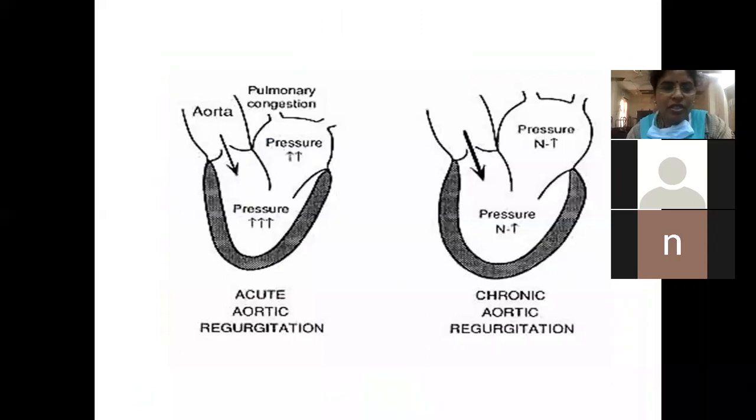If you look at this picture, the first one, what's the difference between acute and chronic here? In the first one, there is acute aortic regurgitation. What happened in acute? Regurgitation of blood from the aorta into the left ventricle. But here there are no compensatory mechanisms. The volume of the left ventricle is the same. Because of that, there are elevated pressures at end diastole.